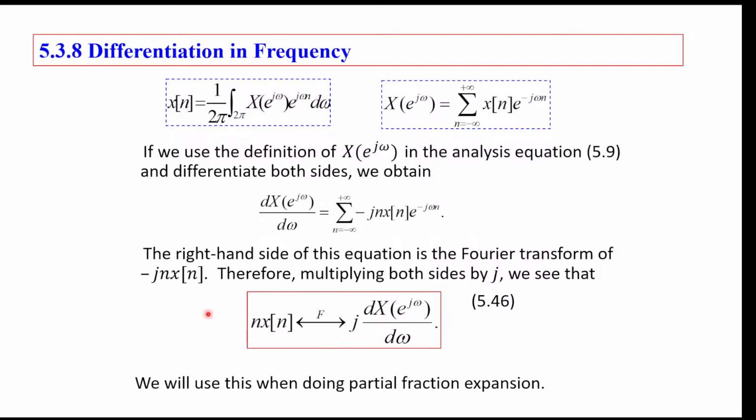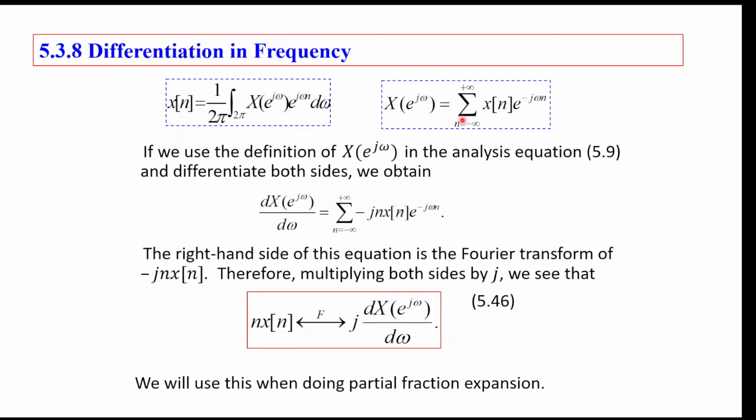So this is the differentiation in frequency property. Okay, and you can derive it pretty easily. Remember the frequency domain signal is a continuous signal, so we can do a differentiation and see what happens to the corresponding time domain signal.